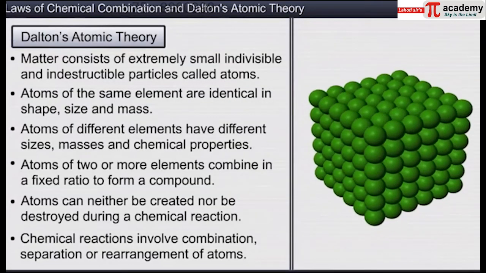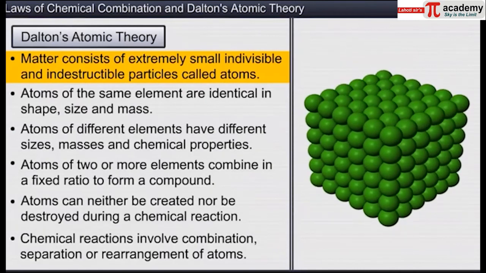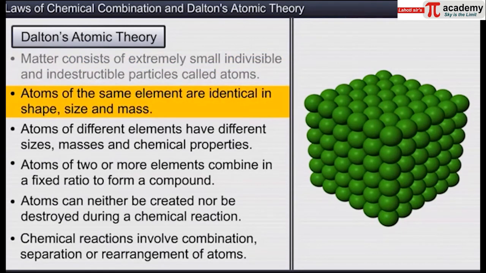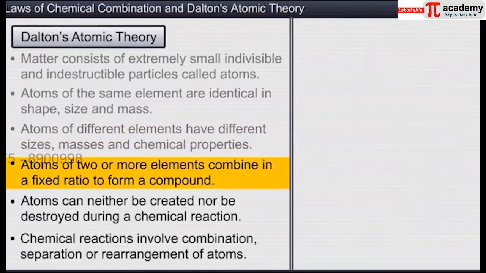The theory states that matter consists of extremely small, indivisible and indestructible particles called atoms. Atoms of the same element are identical in shape, size, and mass. Atoms of different elements have different sizes, masses, and chemical properties.